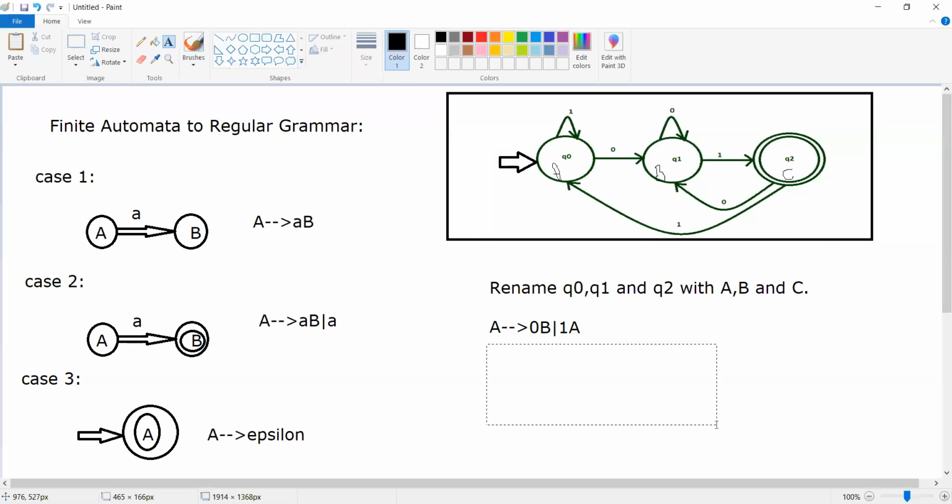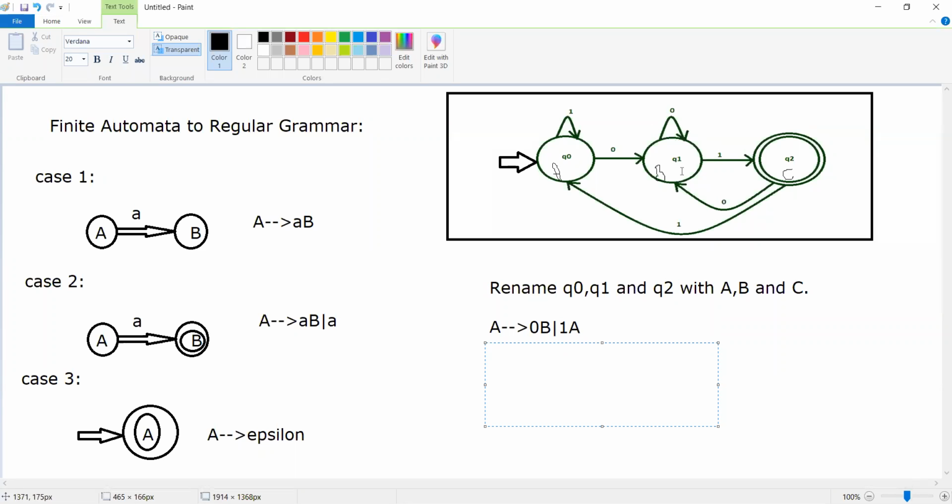Now we need to define the grammar for Q1, which we have renamed as B. What are the B transitions? Q1 on 0 goes to Q1 itself, so 0B. And Q1 on 1 goes to Q2.